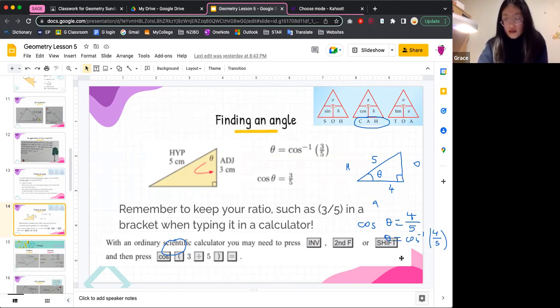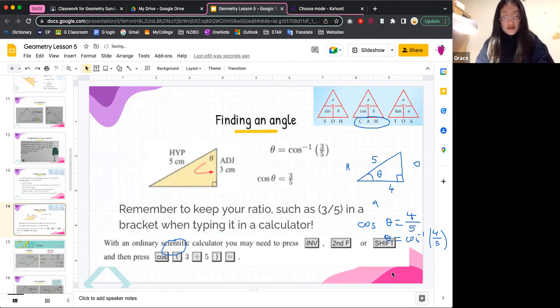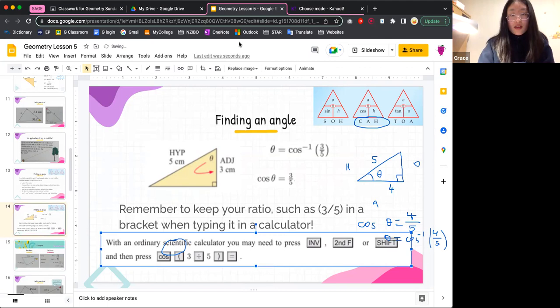Okay. So we've got this angle is equal to cosine inverse of 4/5. If you type that into your calculator, the answer you come out with will be your angle.